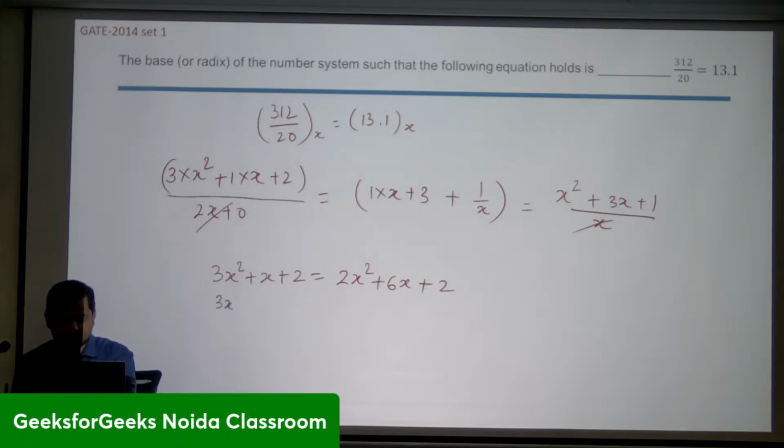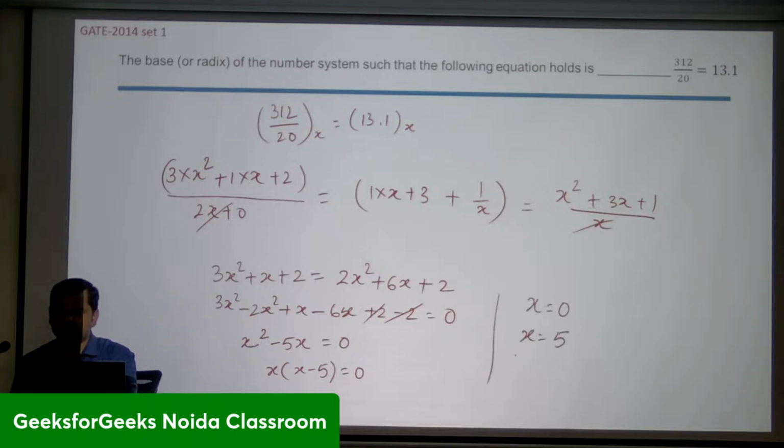So it is 3x square minus 2x square plus x minus 6x plus 2 minus 2 is equal to 0. So the 2s cancel out. The term left over here is x square minus 5x equals 0, or we can write it as x into x minus 5 equals 0. So there are two possibilities: x is going to be 0 or x is going to be 5.